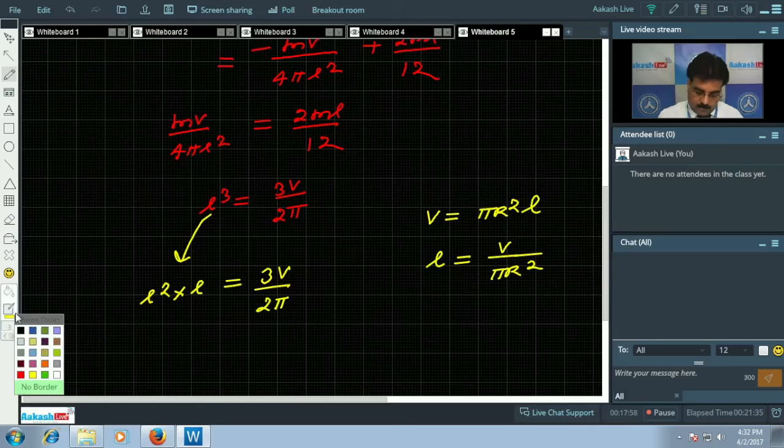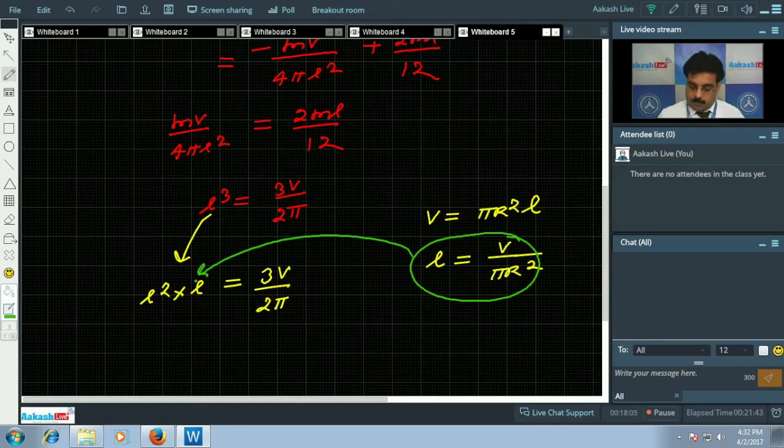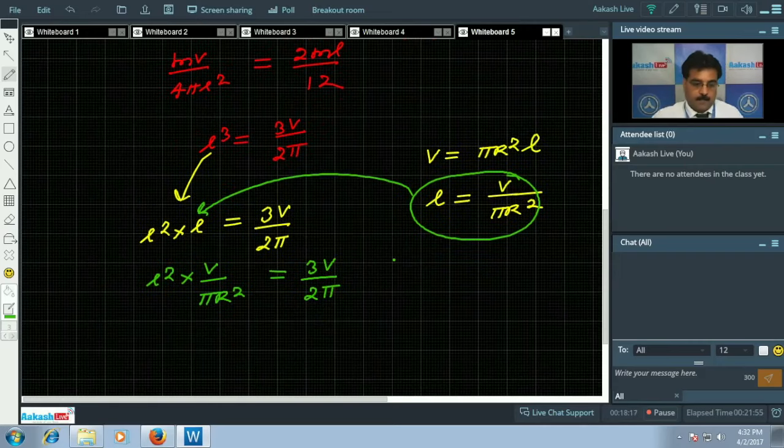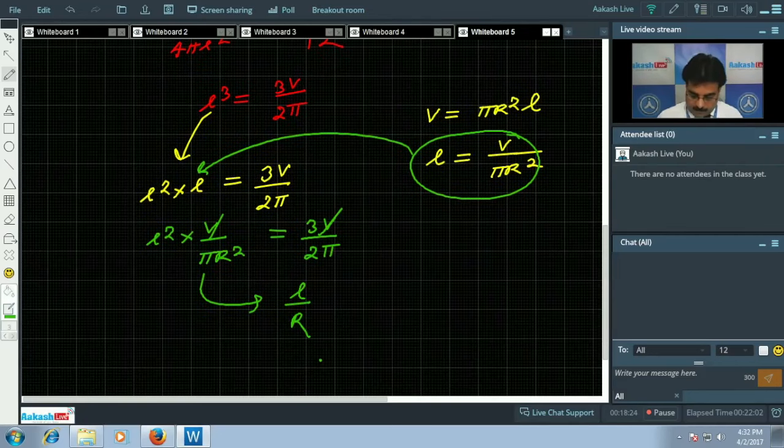So if I put the value of L from this relation here, L square into V upon pi r square is 3V upon 2 pi. So V is cancelled out. On solving, you will get L by R is equal to root of 3 by 2. So now we will move to question number 6.